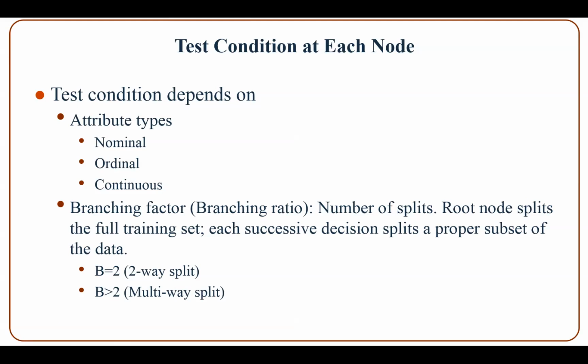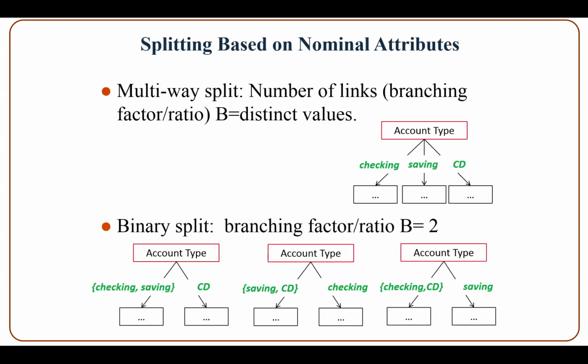When the branching factor is equal to 2, it is called two-way split, and otherwise it is called multi-way split. First, we talked about test conditions for nominal attribute.